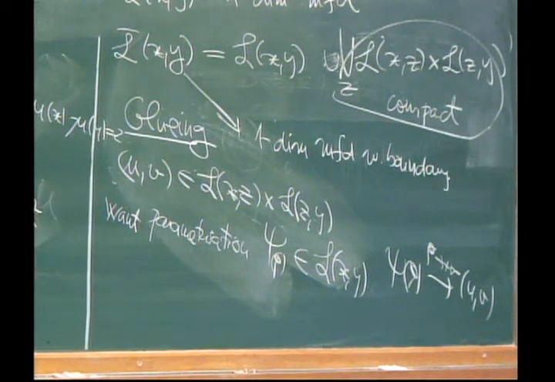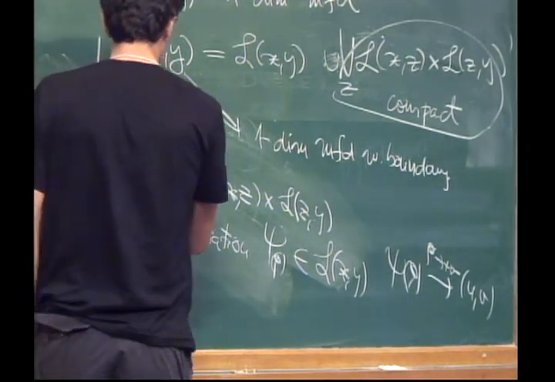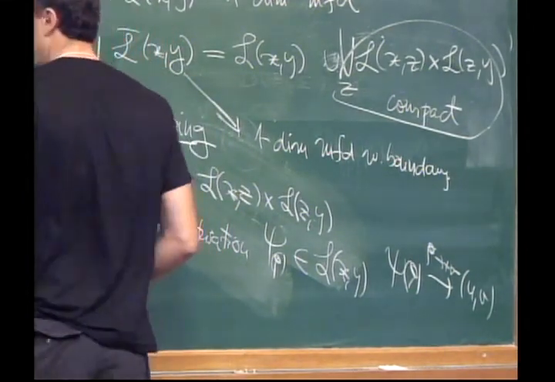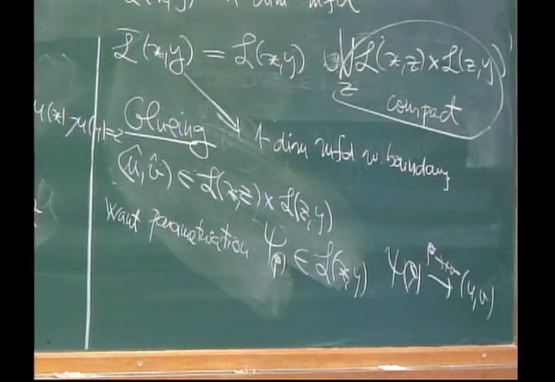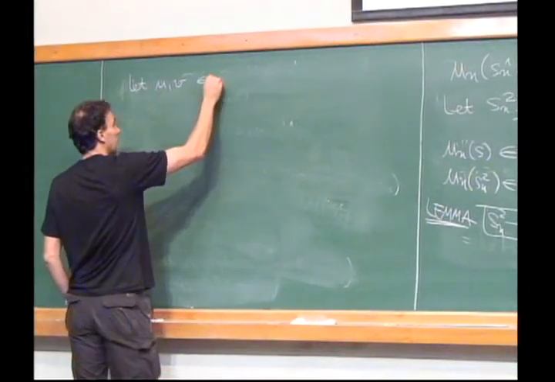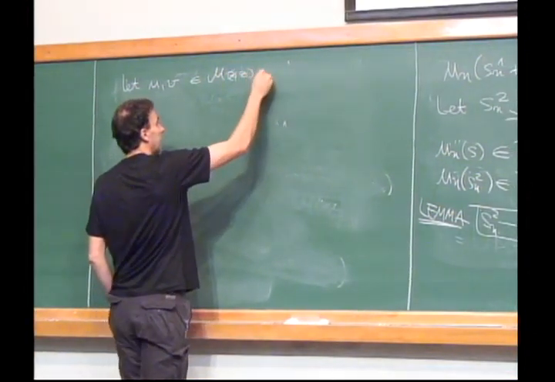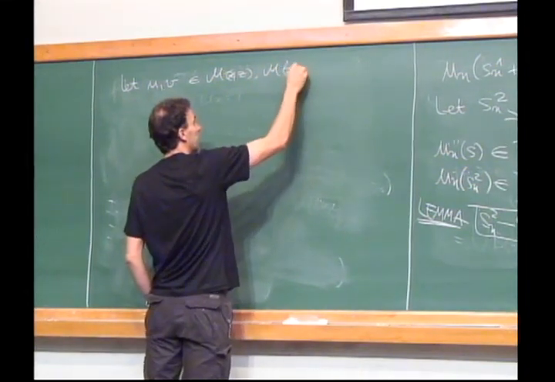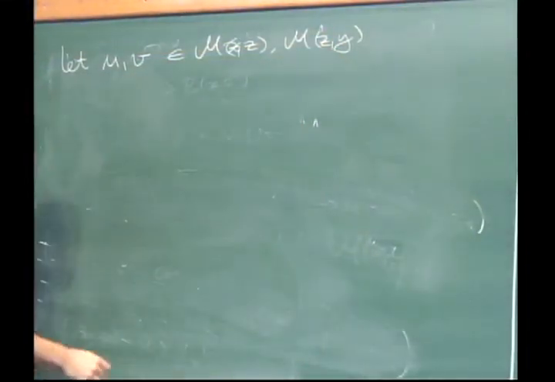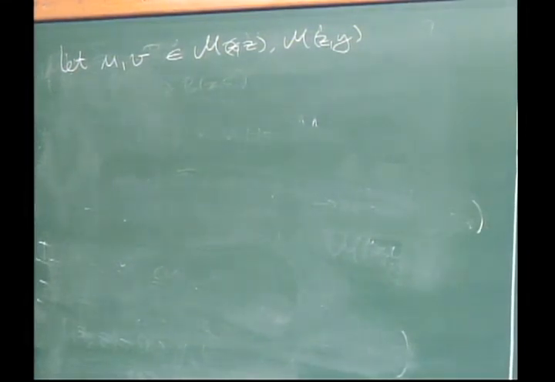Now, it's called gluing because of the method. Now let u, v be representatives in Mxz and Mzy.